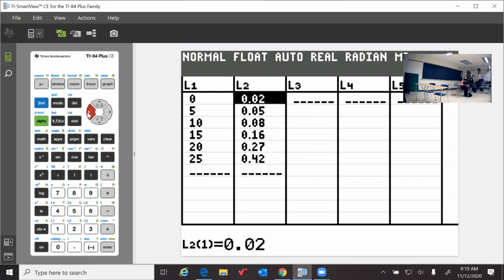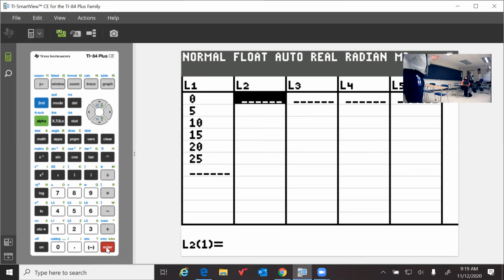Now, do you remember how we did this? What's in here in list 1 is a sequence of the terms from 0 to 25 with a change of 5, which you can type by hand. Here we're going to remind you how to do this. We're going to put in 0 through 7. You could probably type it faster, but if it was 0 through 50, you couldn't.